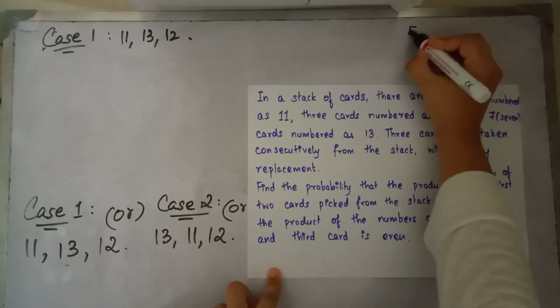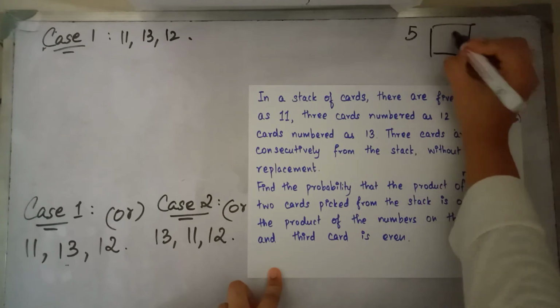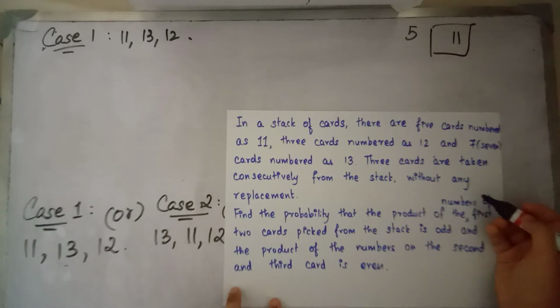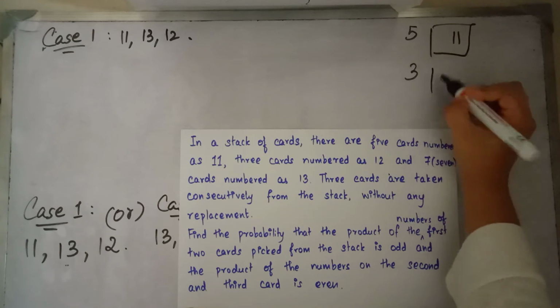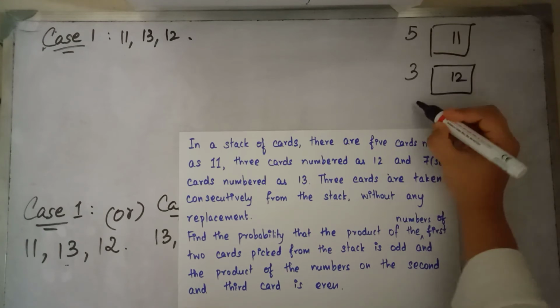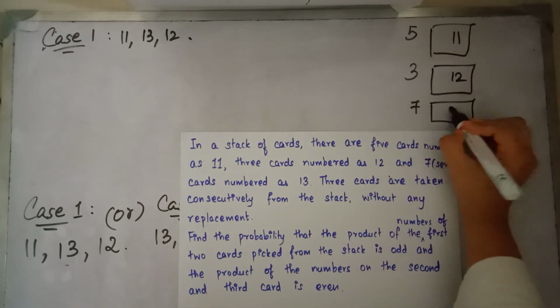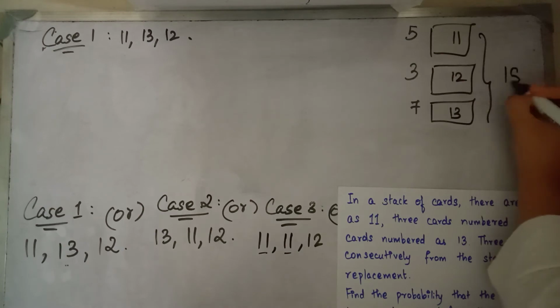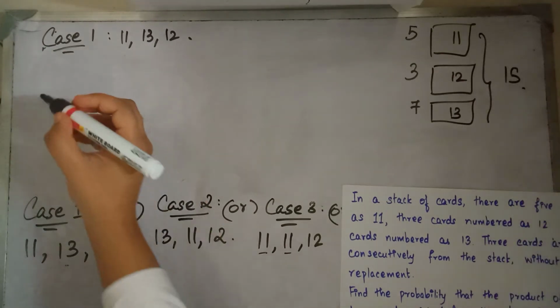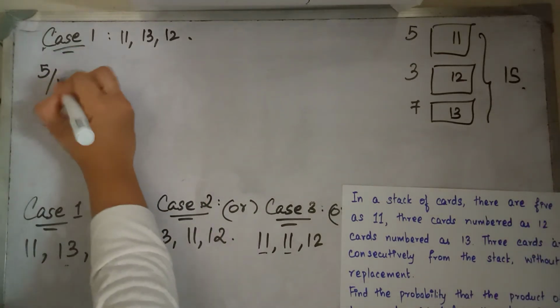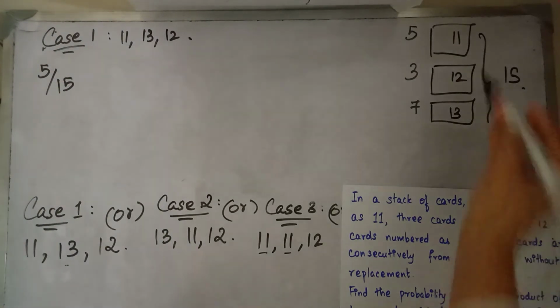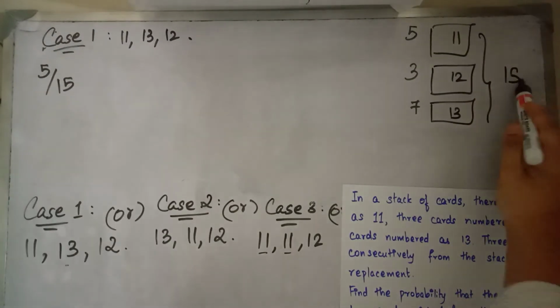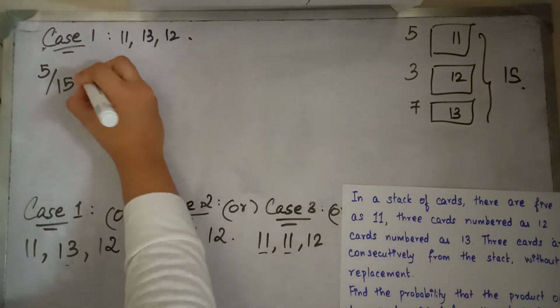There are 5 11 cards and 3 cards that are 12 and 7 cards that are 13. Okay, so totally there are 15 cards. So the probability of me getting 11 would be 5 by 15 because there are 5 cards that are 11 and then there are totally 15.